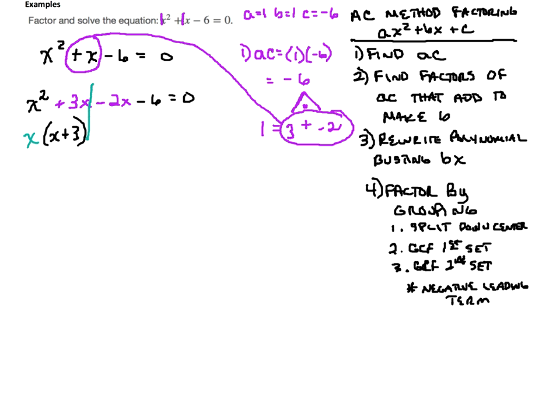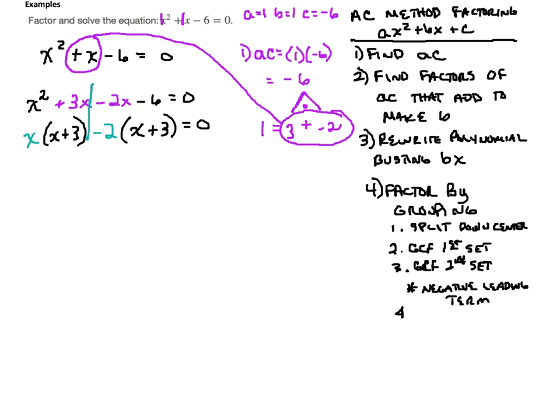But what I'm going to actually factor out of them is a negative 2, so that my leading term is no longer negative. When I divide each of these terms by negative 2, negative 2x divided by negative 2 leaves me with positive x, and negative 6 divided by negative 2 leaves me with positive 3. And I'm still equaling 0. This is still an equation I'm going to have to solve.